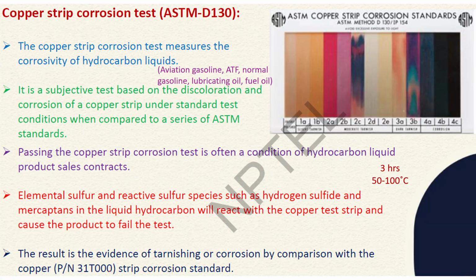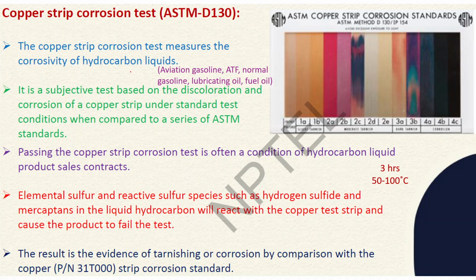Now, two other tests give us an idea about corrosion: the corrosivity of hydrocarbon liquids. Basically, the copper strip corrosion test measures the sulfur corrosivity of the hydrocarbon liquid.